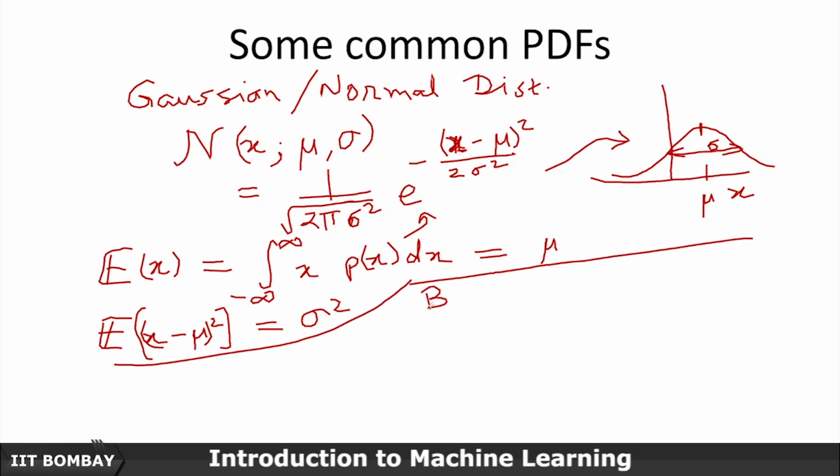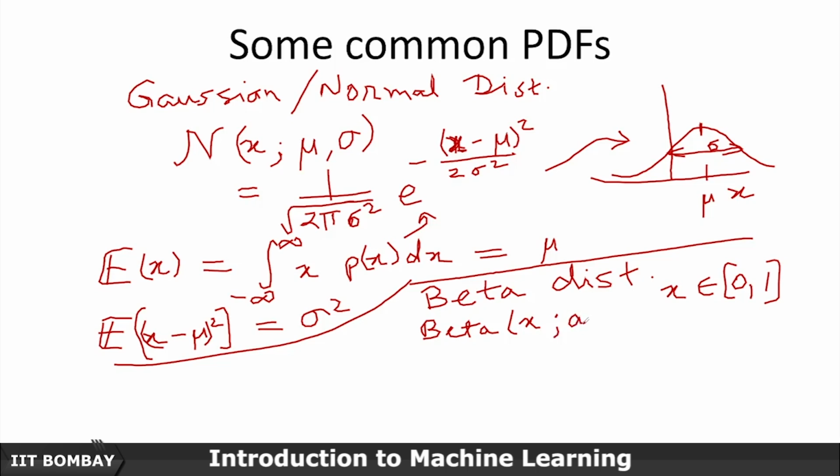Another distribution, just to give you another example, is the beta distribution. Here your x will not lie from minus infinity to plus infinity, but it will lie between 0 and 1. So x belongs to the interval 0 to 1, and it is given as the beta distribution of x given two parameters a and b.